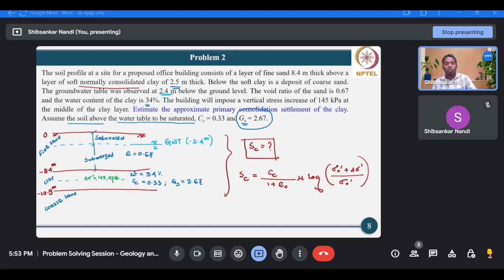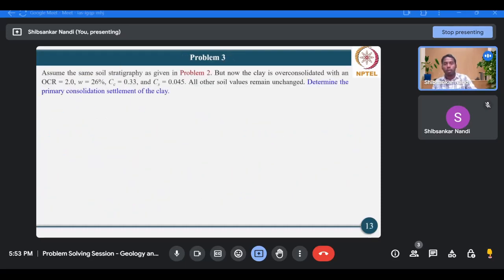Now we can move further to take our problem 3, and it's related to problem 2. So we have to basically assume the same soil stratigraphy as given in problem 2, but now the clay is over consolidated with an OCR value 2.0, and the moisture content of the clay is given as 26%.